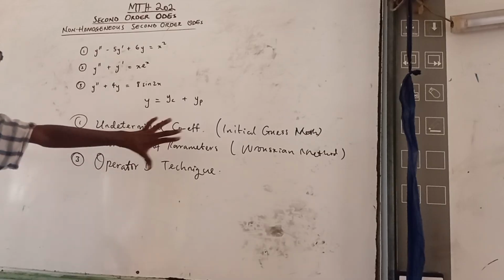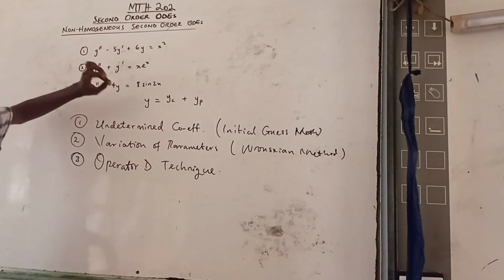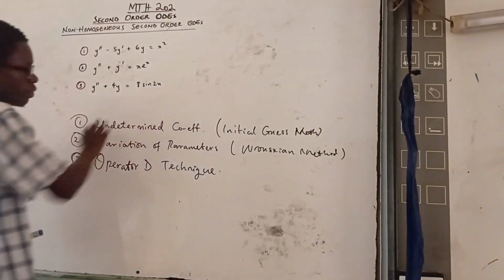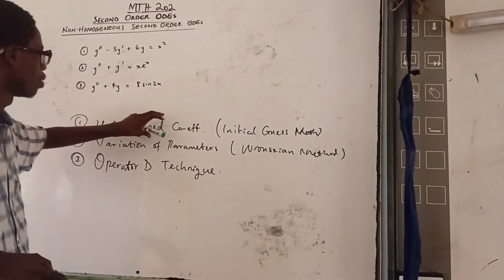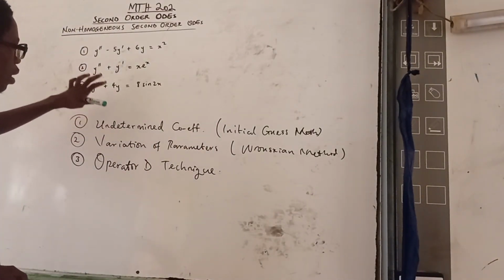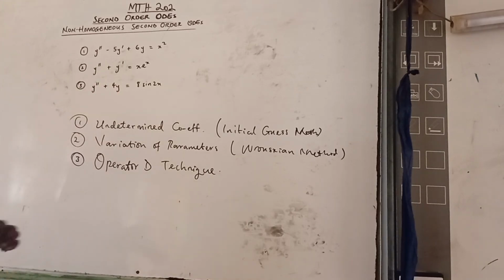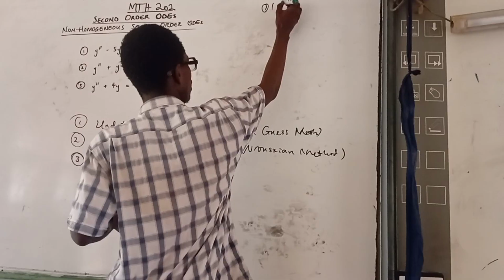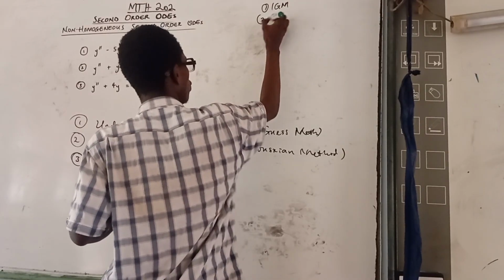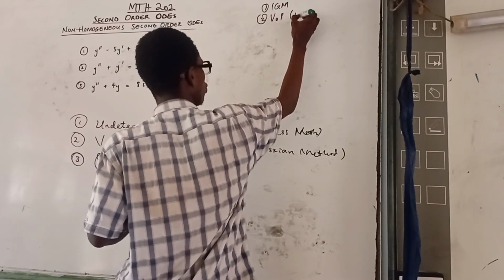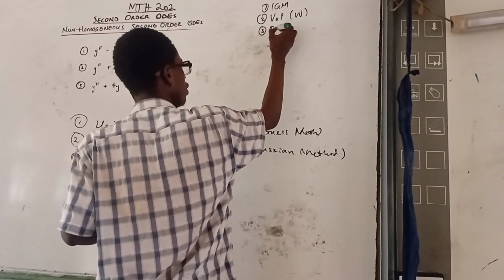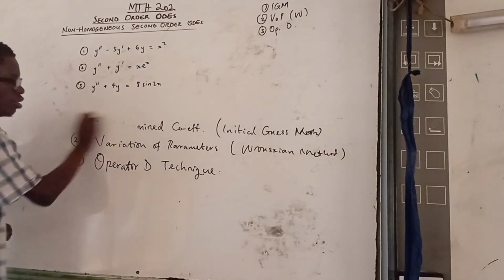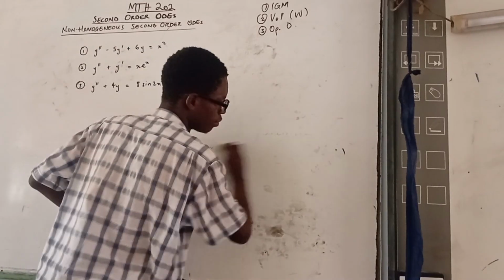Let me write it like this: 1. Initial guess method. 2. Variation of parameters, that's Wronskian. And 3. Operator D. So those are the three techniques we are going to be using in solving these equations.